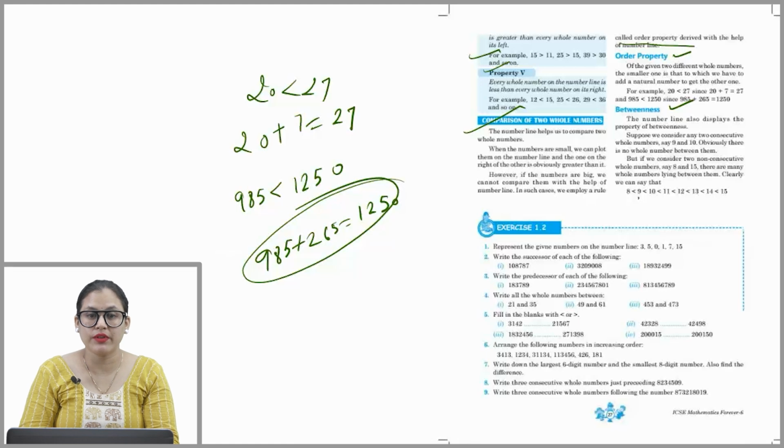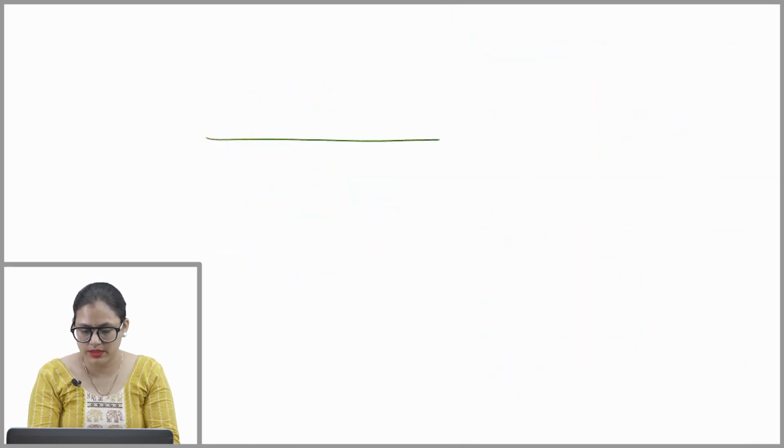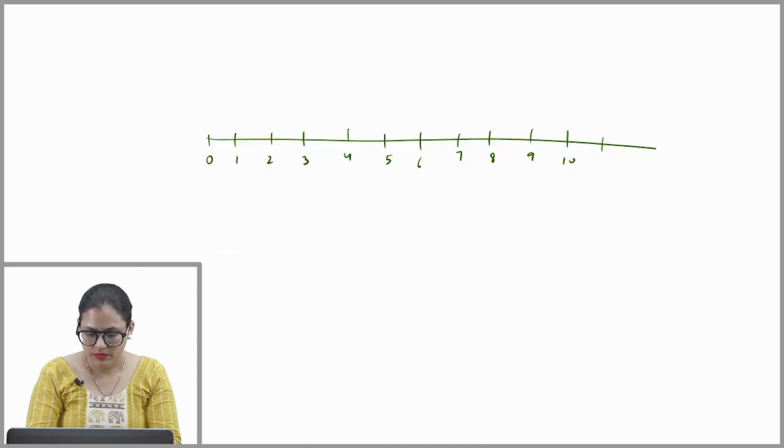Exercise 1.2. We have to represent the given numbers on the number line. Let's represent. This is the number line. Start from 0, 1, 2, 3, 4, 5, 6, 7, 8, 9, 10, 11, 12, 13, 14, 15.